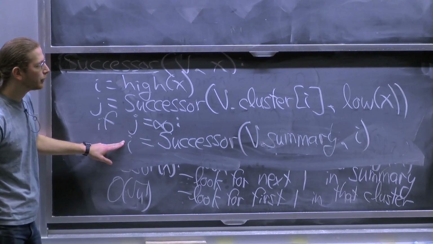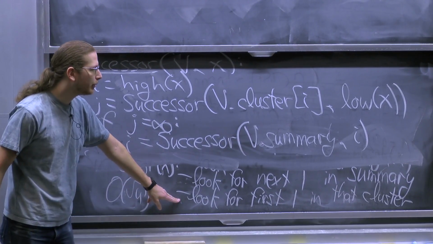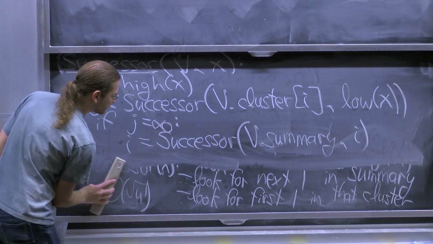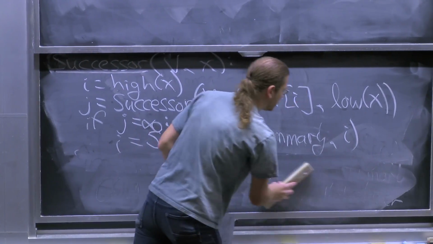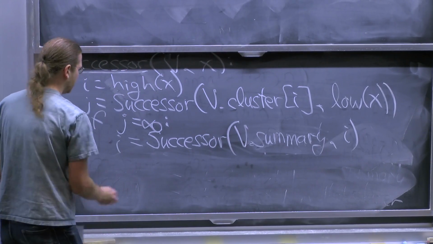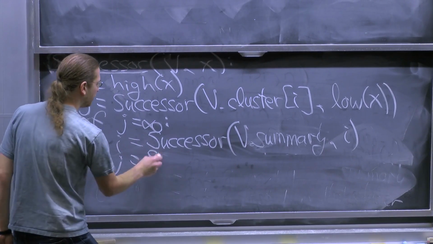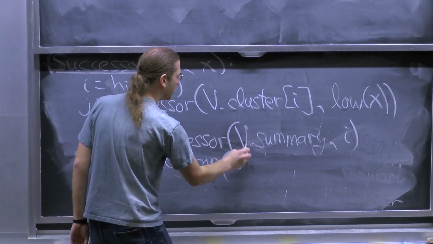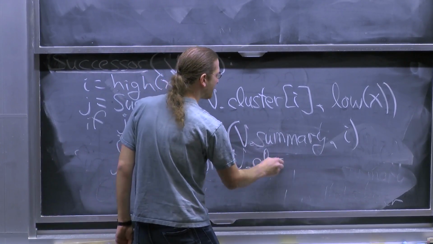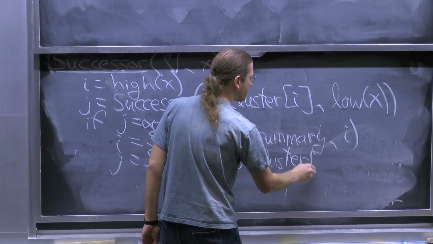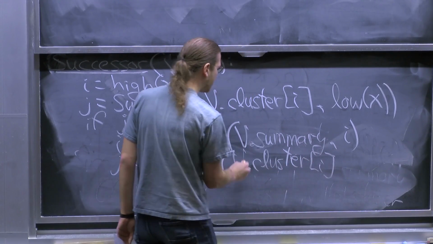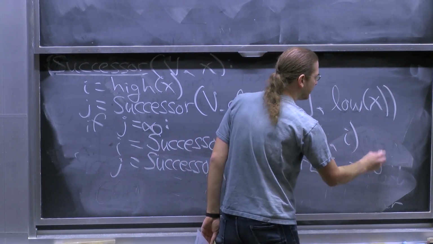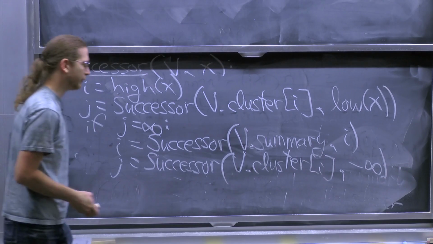What item in the cluster do we want? Well, we want to find the minimum item in that cluster. We're going to do that by a recursive call, which is j is the successor within cluster i of minus infinity, I'll say. -1 would also work.